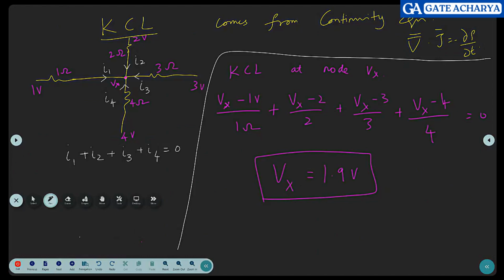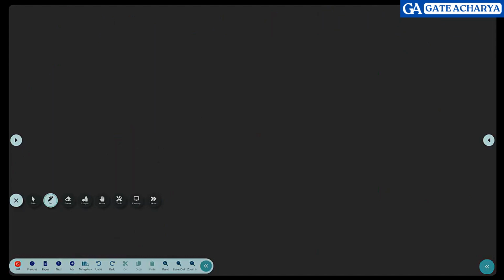All right, so this is one application of KCL. I can give you another application. Let us say I don't know the voltage, but I know the currents. If I say this is 1 amp, this is 2 amps, this is 3 amps, what is this current?